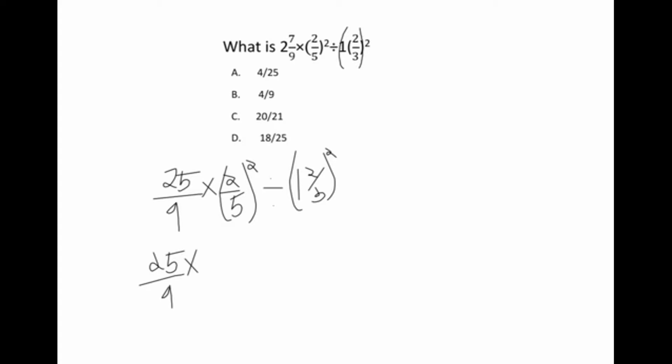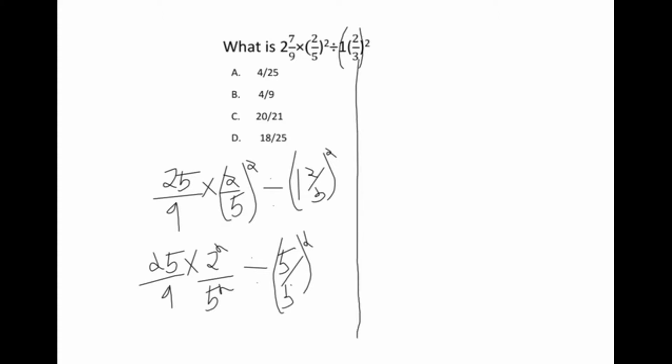We are going to square the numerator and then square the denominator. So we have 2 squared over 5 squared divided by 1 and 2 over 3 in an improper fraction, which is 1 times 3 is 3 plus 2 is 5. So we have 5 over 3, sorry. We have 5 over 3 squared.